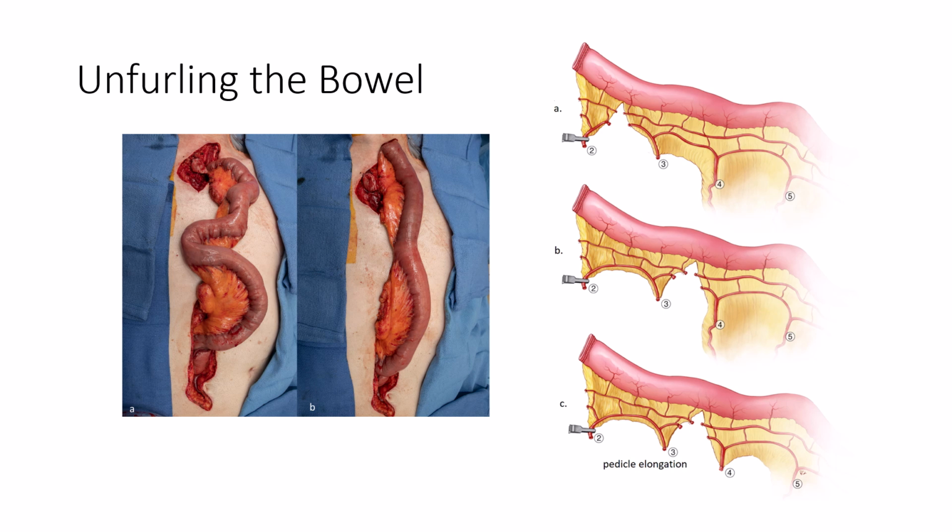Once this is performed, we completely divide between the second and third arcade to allow unfurling of the small bowel. As you can see on the images to the left, before unfurling, and then in image B after unfurling, you can see how much additional length and how much more straight the bowel becomes. In the image to the right, the traditional unfurling occurs between the second and third arcade.